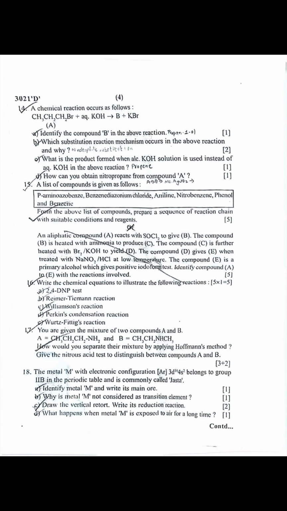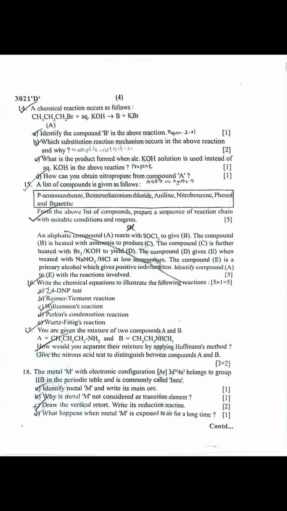B. Which substitution reaction mechanism occurs in the above reaction and why? C. What is the product formed when alcoholic KOH is used instead of aqueous KOH in the above reaction? D. How can you obtain nitropropane from the compound A?